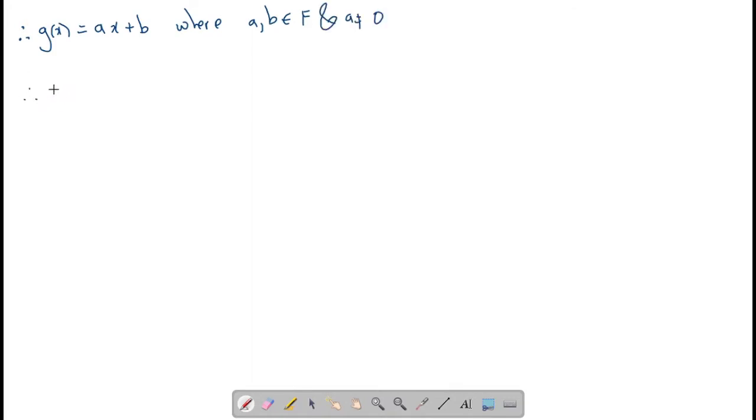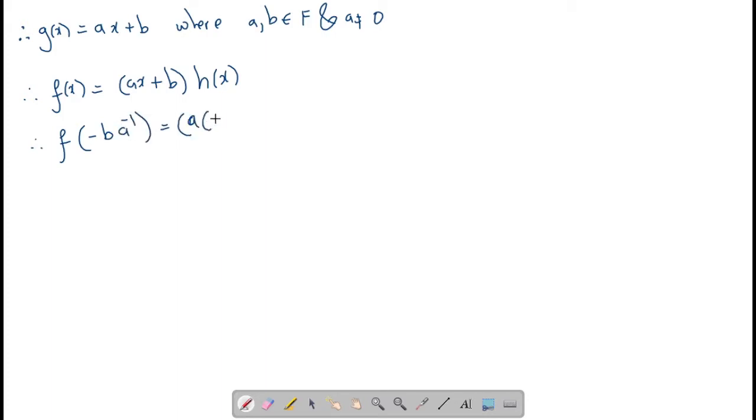Therefore, we see that f(x) is (ax + b)h(x), and hence f(-b a^{-1}) would be a times (-b a^{-1}) plus b times h(-b a^{-1}), which would be 0 times h(-b a^{-1}), which is equal to 0.